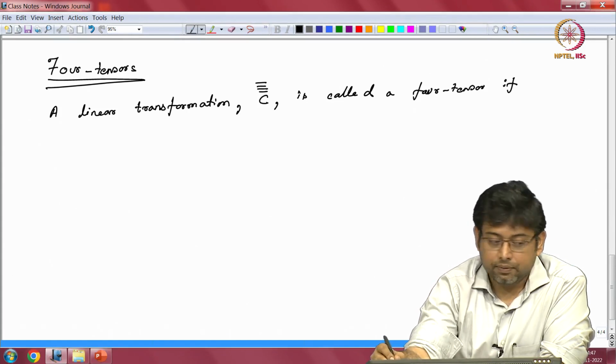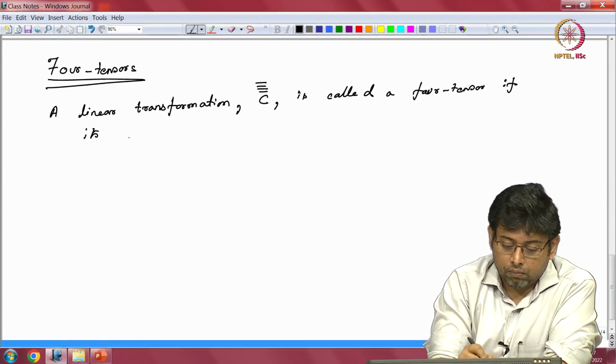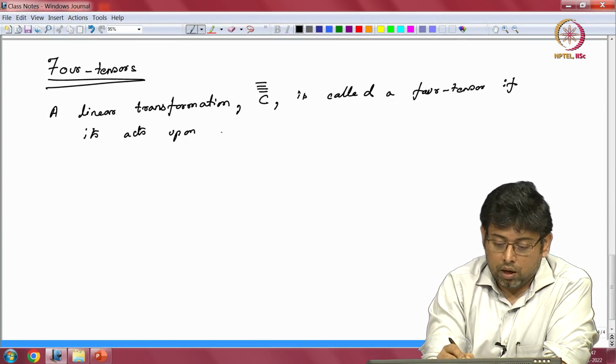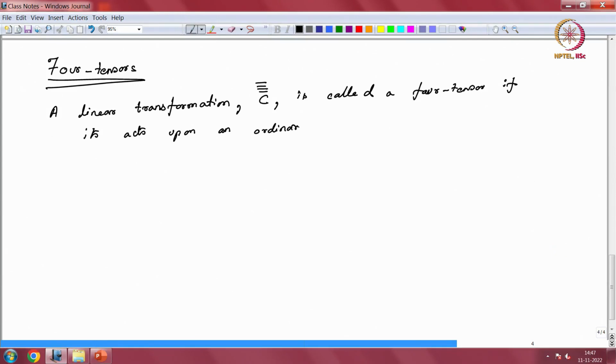if it acts upon an ordinary tensor, let's say some tensor A, and gives out as output another tensor.